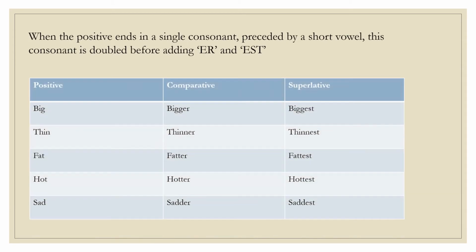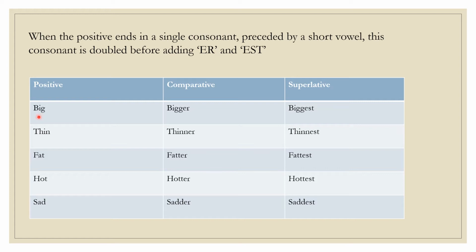When the positive ends in a single consonant preceded by a short vowel, this consonant is doubled before adding ER and EST. Look at this table: positive, comparative, superlative. So when the positive ends in a single consonant, the word is big. It's ending in G. G is the consonant preceded by a vowel, I. I is a vowel.